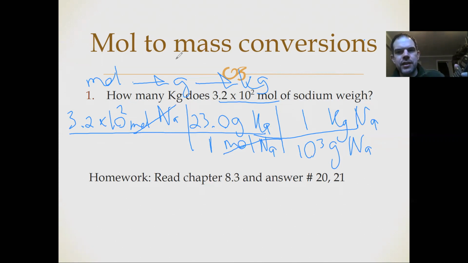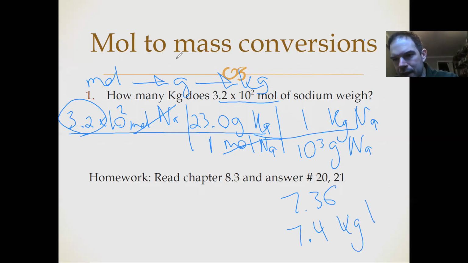How do you enter the 10 to the third? Well, you can go 1, then EE, and then the 3. So you have to put the 1 in front. After I get that whole big long thing, my answer is 7.36. I need 2 sig figs, so I might round it to 7.4. And then it's kilograms of Na.